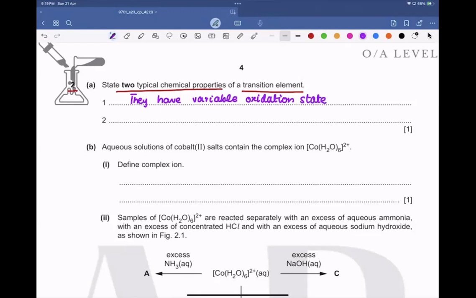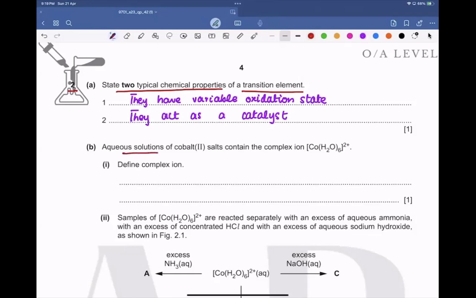Then another one, that they act as a catalyst. Besides this, you can also write that they form complex ions, that is also their chemical property. Or you can write that they form colored compounds, so that is also their chemical property.